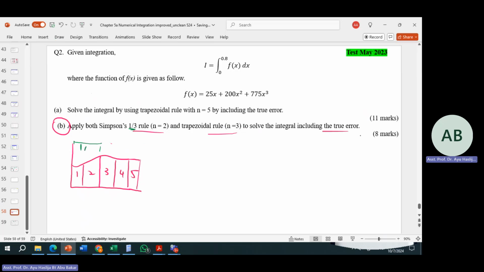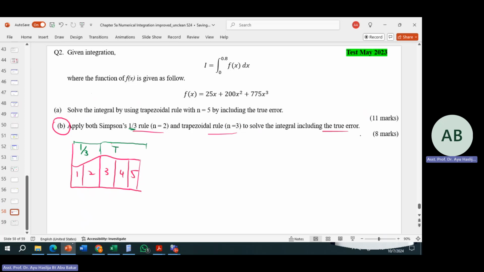The first 2 use 1/3, so the last 3 segments use trapezoid. This is what the question means. Apply both Simpson and trapezoid, and not all. So in completing the integration, you should combine.